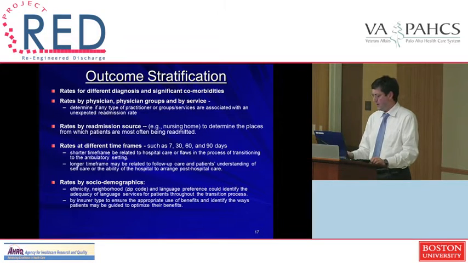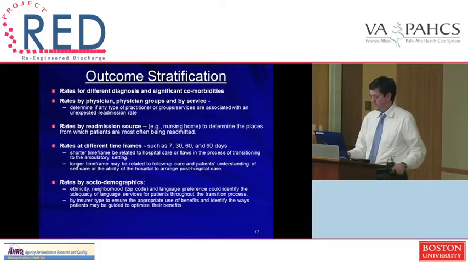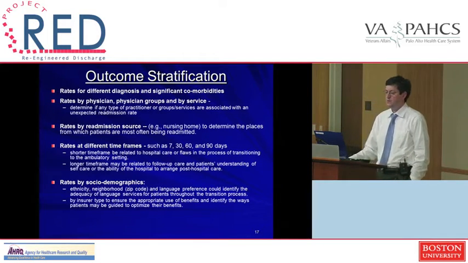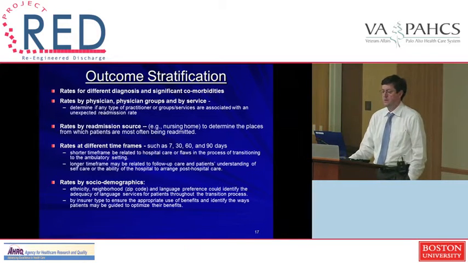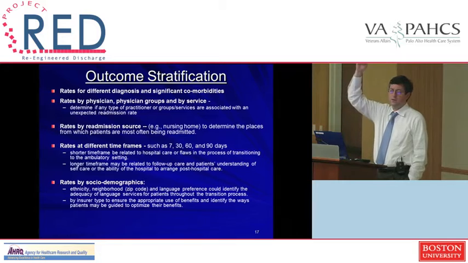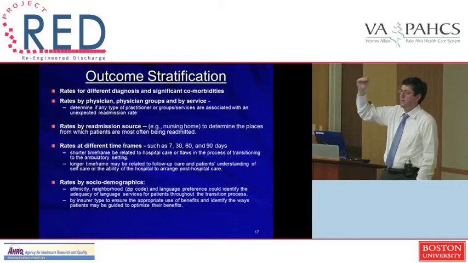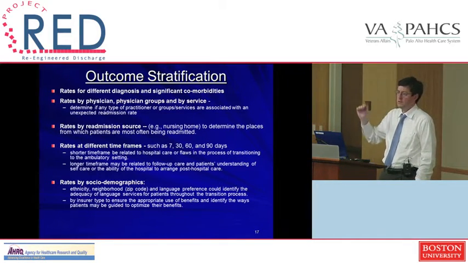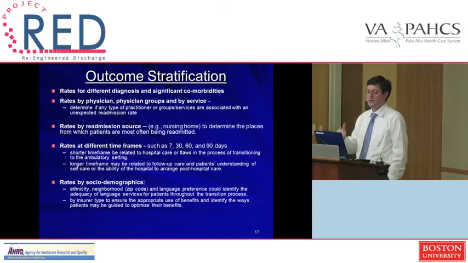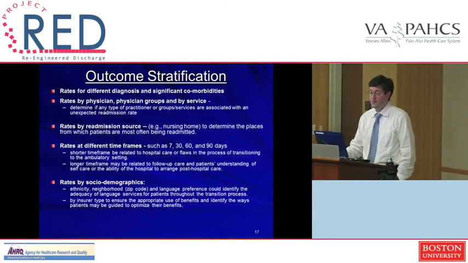You might also want to, in terms of major outcome assessment, stratify some of those outcomes. And ways that the outcomes can be stratified could be by diagnoses or comorbidities. Of course, the congestive heart failure and pneumonia and heart attack and COPD and other things like that have different readmission rates, and to look at how each of them is changing might be important.